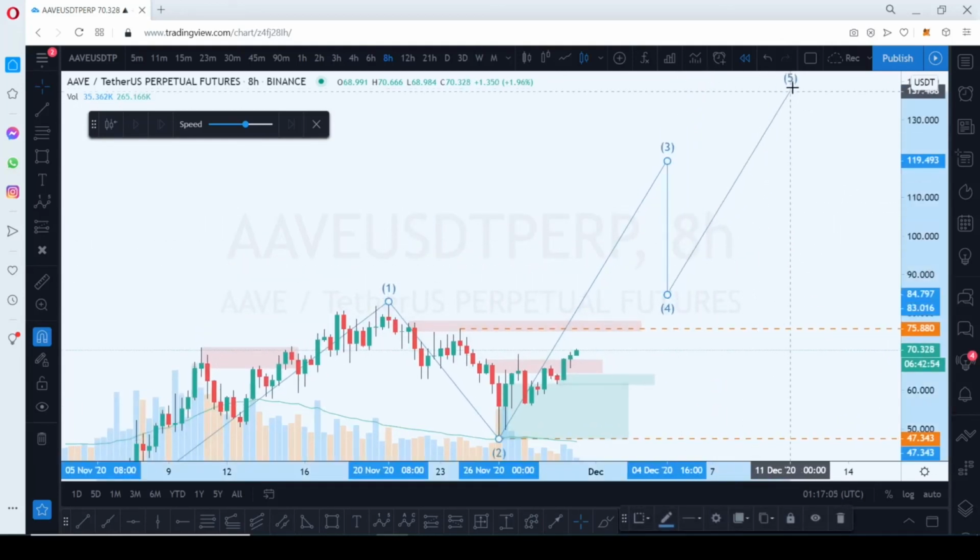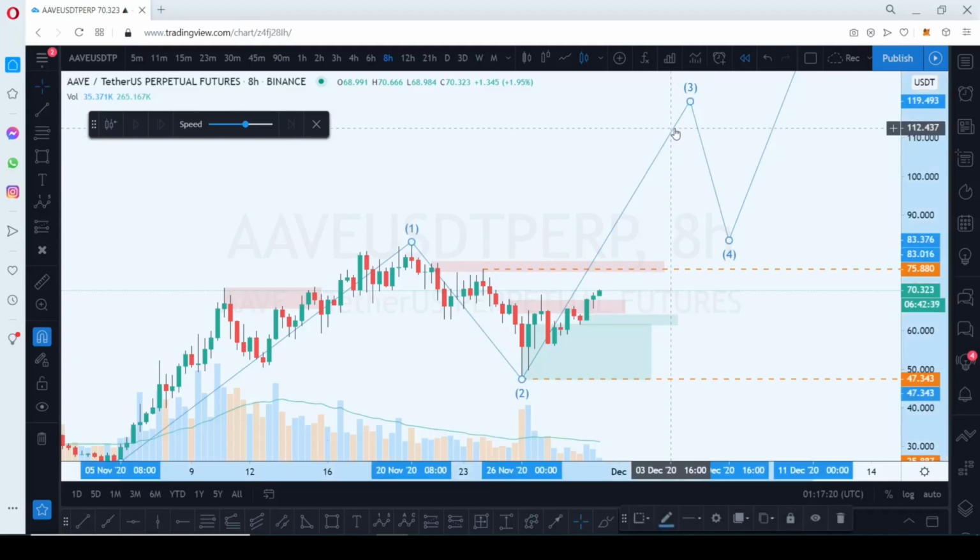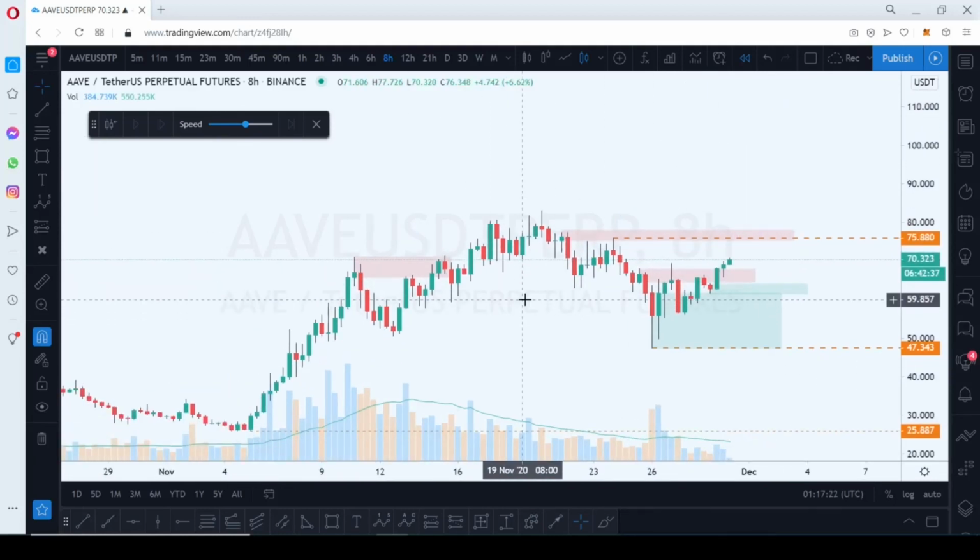Then 4 and 5, like that. This is the bigger picture, right? From this place to this is the 50% level. Then we expect it to go higher, come back again and go higher. This is the bigger picture. And what we have done today is learning a mini structure within a bigger structure.